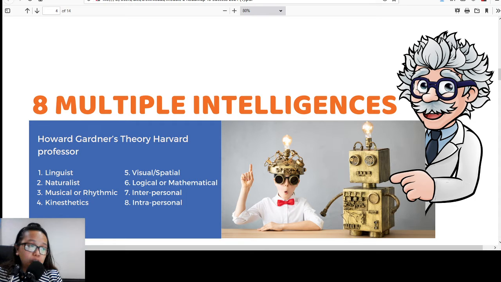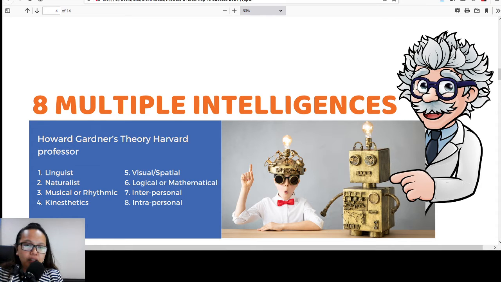People with visual spatial intelligence read and write for enjoyment, are good at putting puzzles together, interpret pictures, graphs, and charts well, enjoy drawing, painting, and the visual arts, and they recognize patterns easily. The potential career choices would include architect, artist, and engineer.